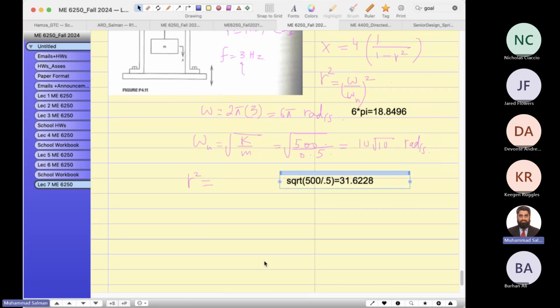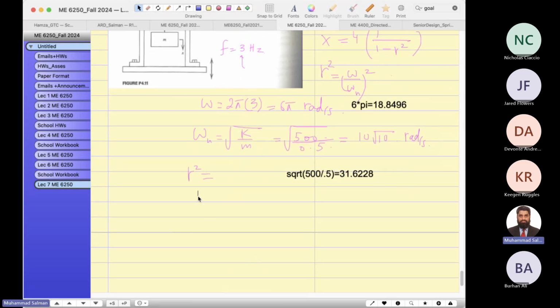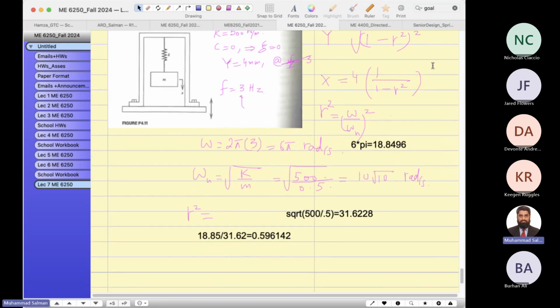So if you do the math here, 18.85 divided by 31.62, 0.596. Agreed? So let's use this formula and you will help me.